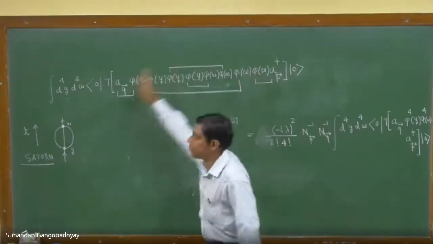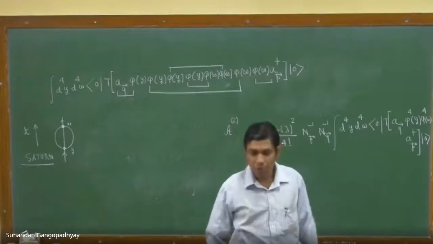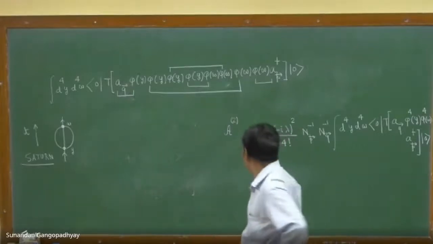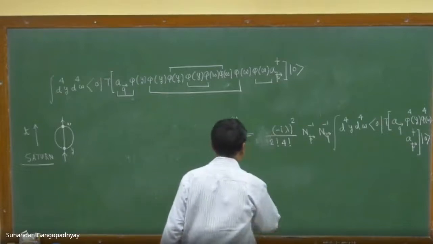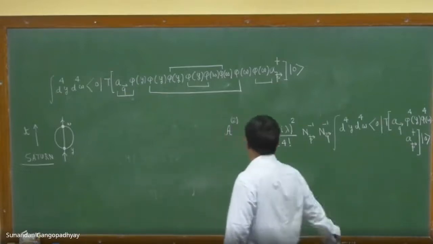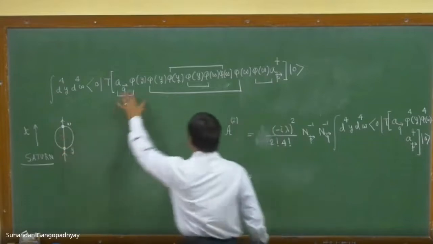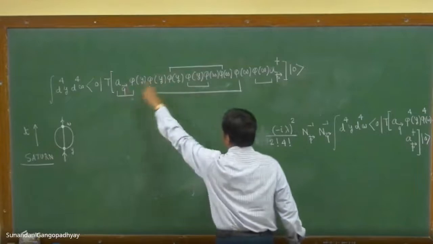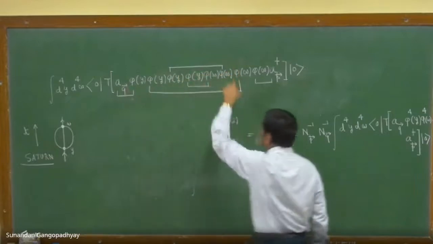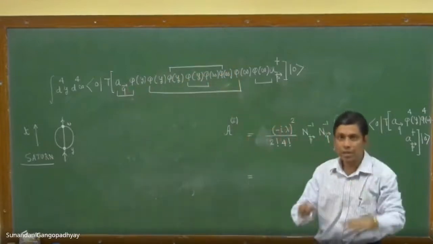And there are many such possibilities. You can calculate those possibilities, and corresponding to them you will get a number. So this diagram you can get from this kind of contraction, and there are many ways of doing that contraction, and from that you will get a number.